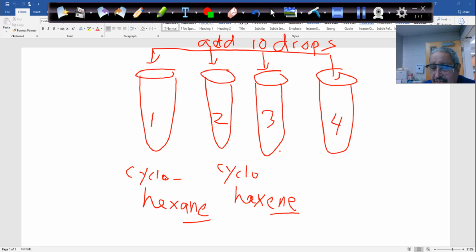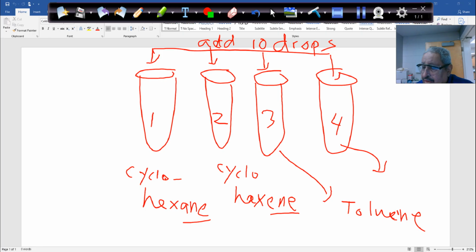The third one here, toluene. So 10 drops of each of those compounds. And the fourth one here is an unknown, A, B, C. Choose one. Select one unknown, 10 drops of it.